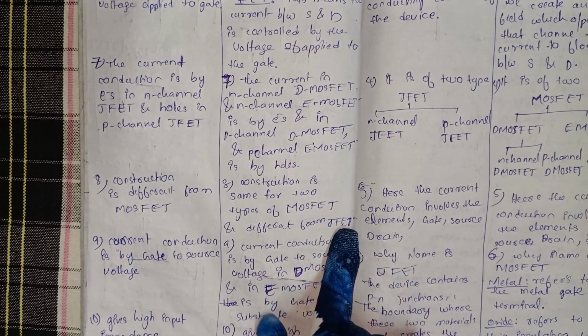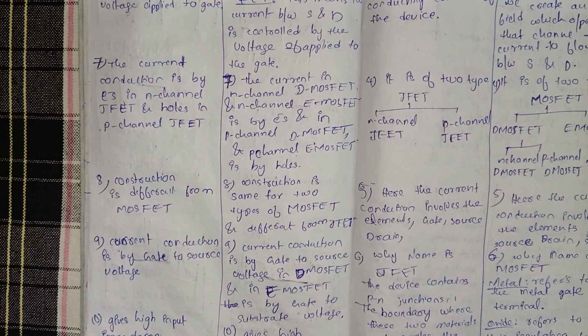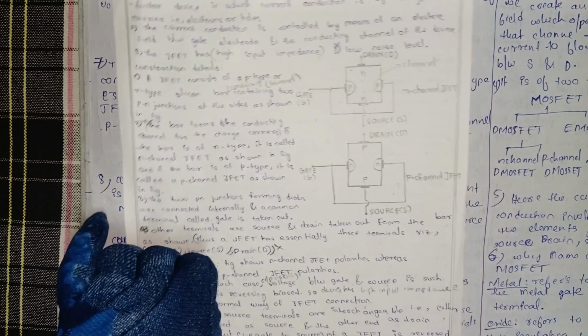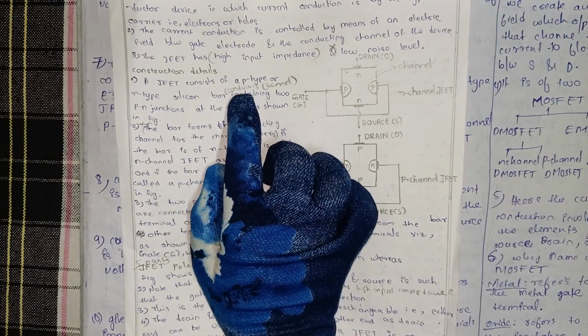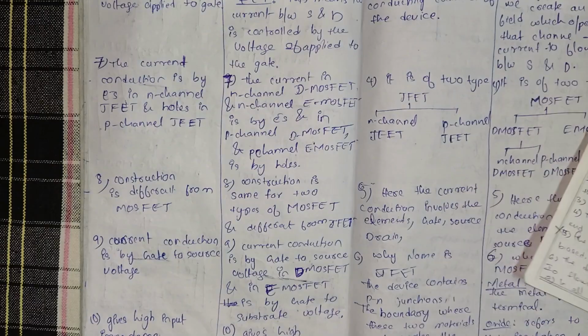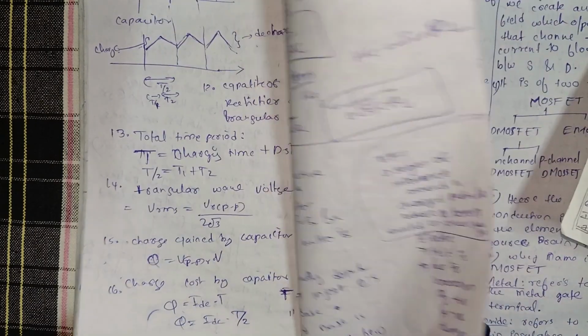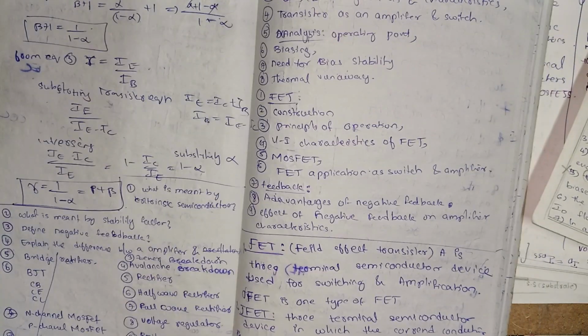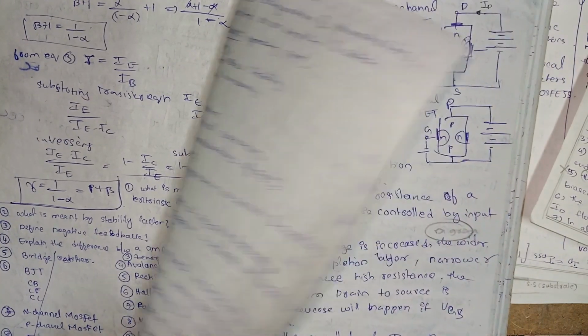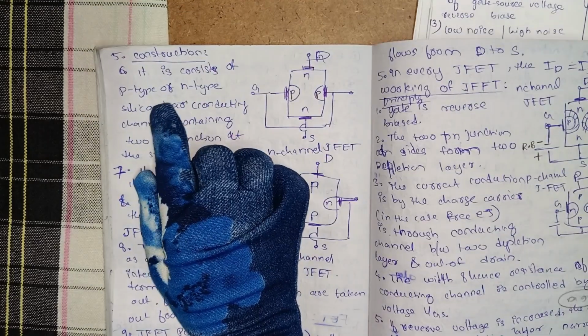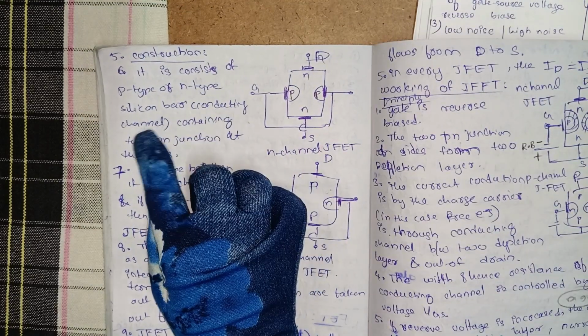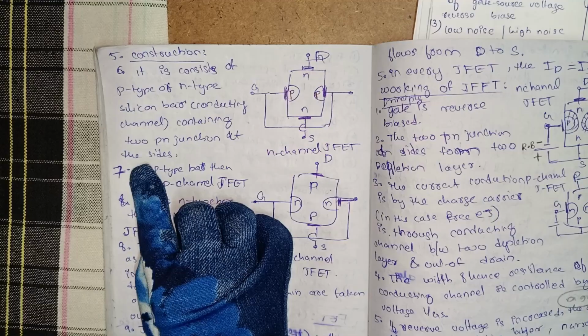The construction is different from JFET, and the construction is the same for the two types of MOSFET. A JFET consists of a P-type or N-type silicon bar, the conducting channel, containing two PN junctions at the sides.